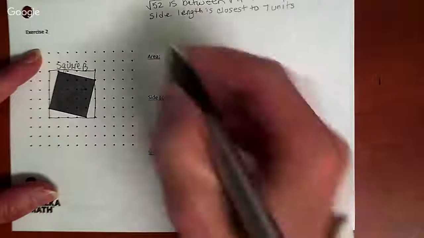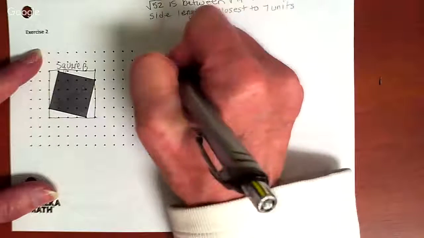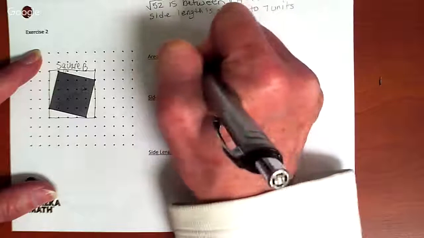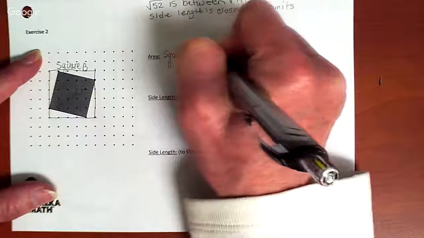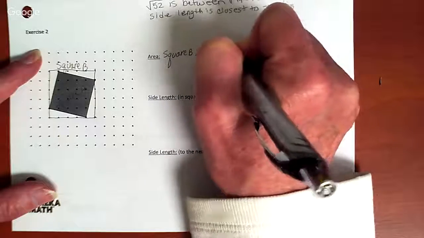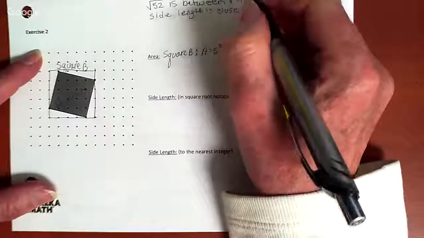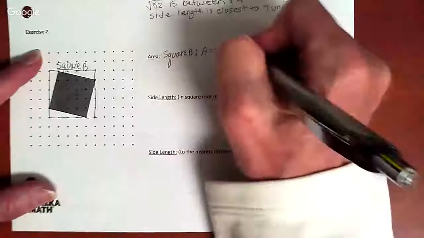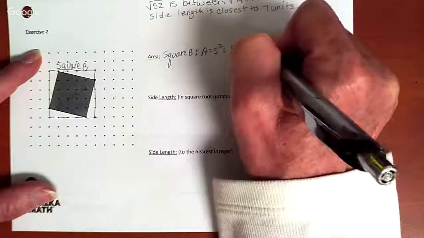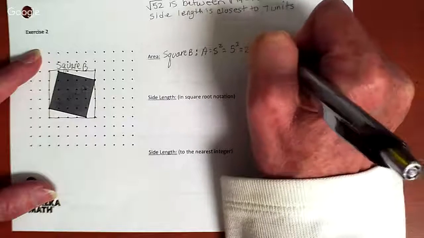So we have square B, and its area, which is 5 units long, which equals 25 units squared.